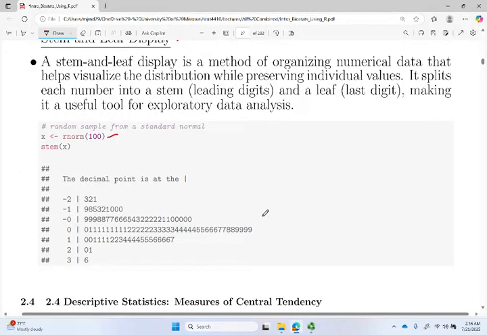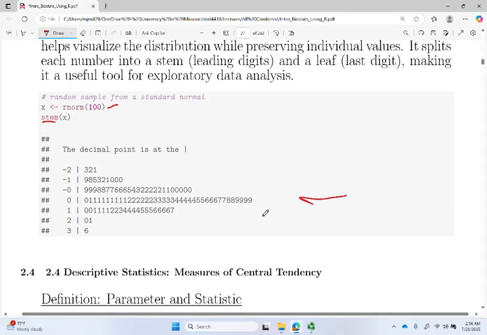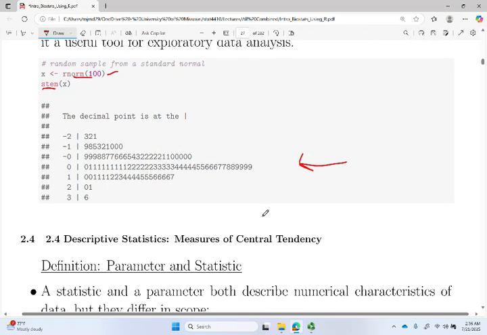So we take a random sample, and then we use the stem function, and it creates this. And so if you tilt your head to the right, it looks like a histogram, right? And you can see that it's very normal-like, as it should be, because we created it. We took a sample from a normal density. But it's not only a histogram, you get to see the actual values.